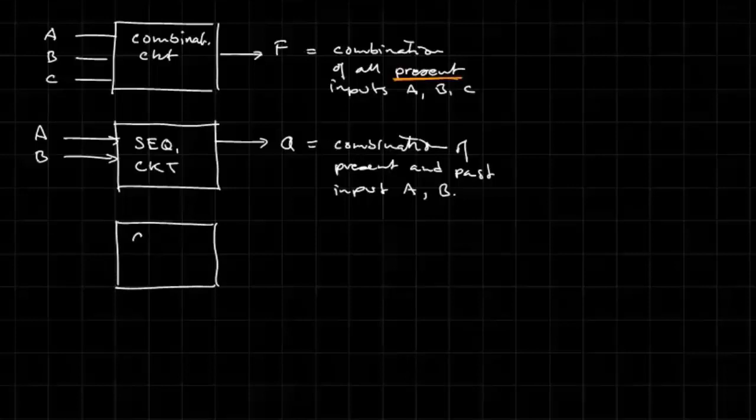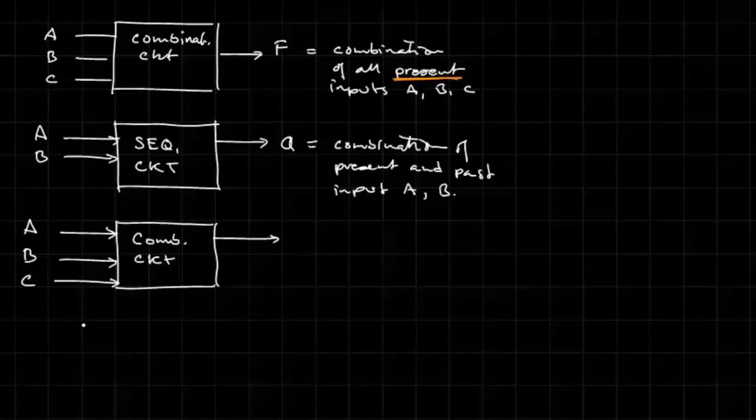So if we go back to our combinational circuit that has an output and 3 inputs, A, B, and C, if we add feedback, meaning that we take the output and return it to the input, connecting it to one of our inputs, such that the original output, F, is not only a function of the present inputs A and B, but also a function of the actual output, then you can set up basically this chicken and egg.